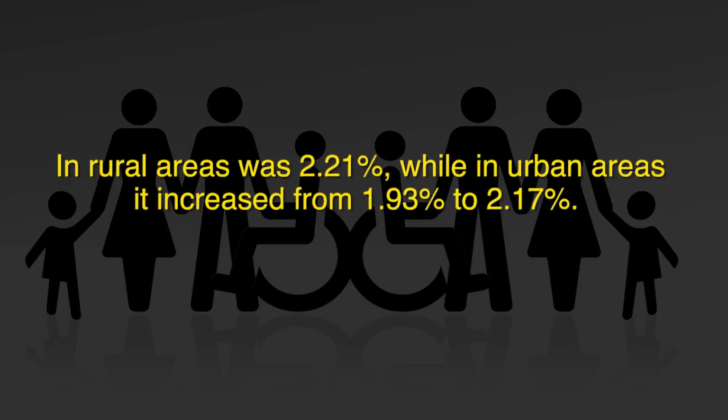In the rural areas, the percentage growth was 2.21%, while in the urban areas it increased from 1.93% in 2001 to 2.17% in 2011. During this time, both males and females showed the same trend.